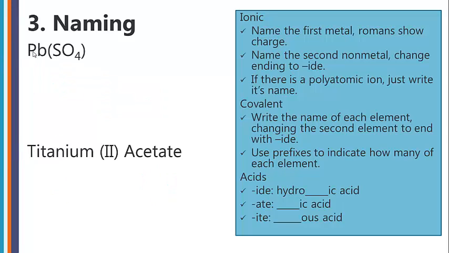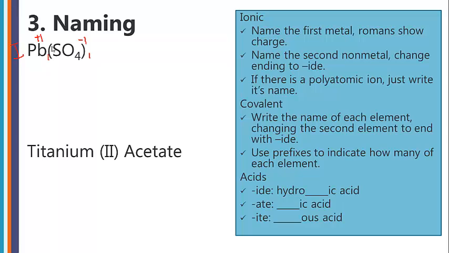Next compound, PbSO4. This is going to be ionic. I know that because lead is a metal, and SO4 is a polyatomic ion. Whenever I go to name this, I have to figure out the charge on Pb. We can pretend that there's 1s after each of these. Now, this one's going to be tricky, because whenever I crisscross the charges, I get +1 and -1.